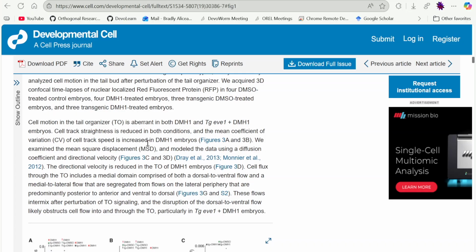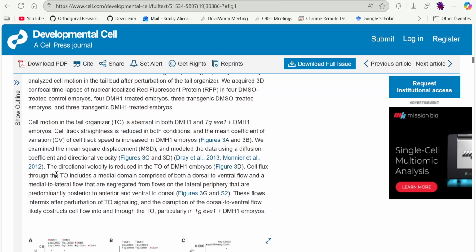So there are these differences in terms of how cells are moving around. And so the directional velocity is reduced in the tail organizer of DMH1 embryos.